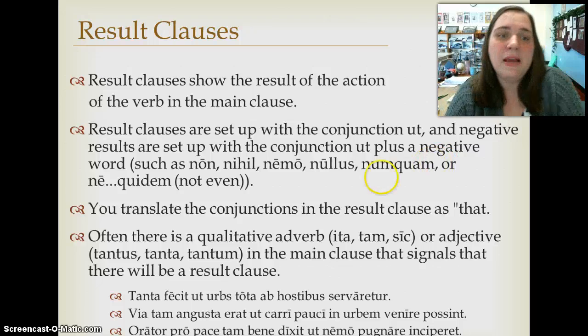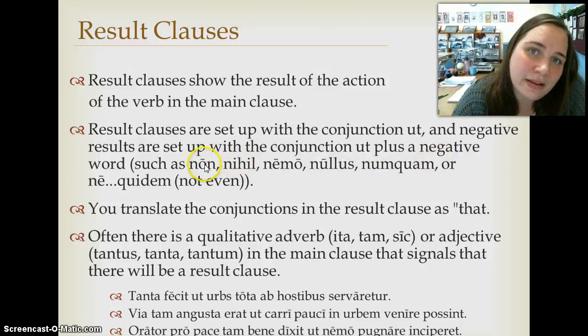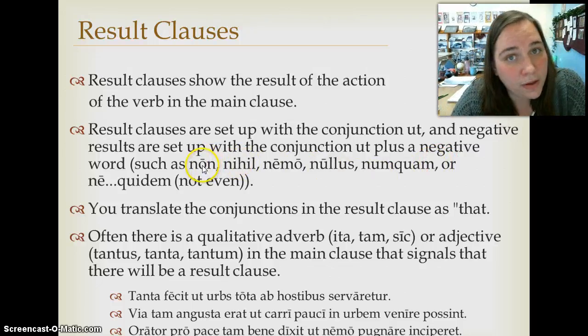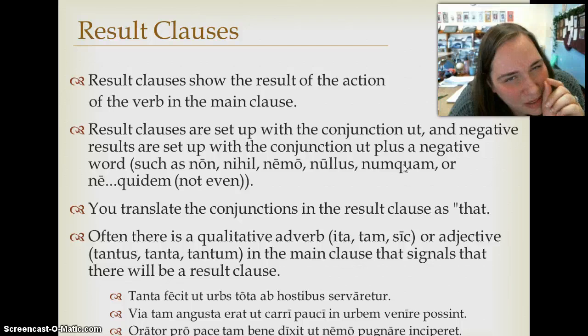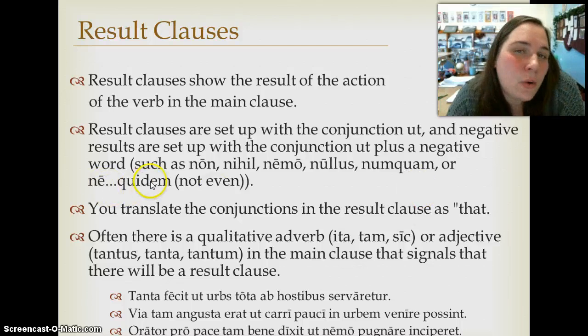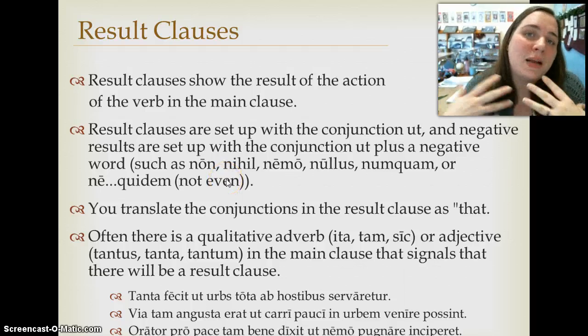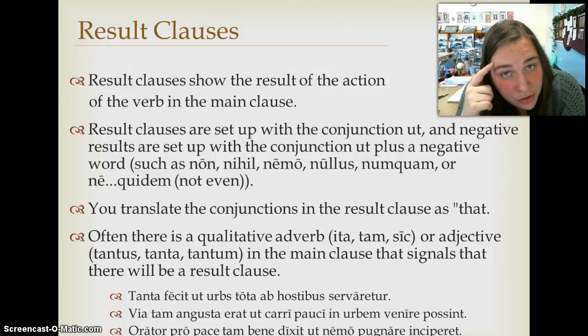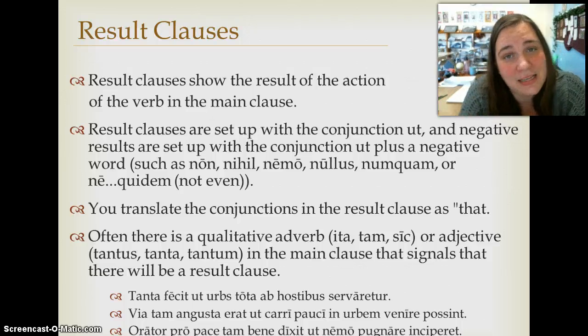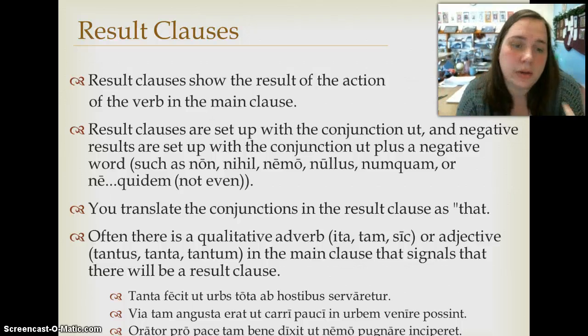So, for example, a negative word that can set up a negative result clause is non, not, nihil, nothing, nemo, no one, nullus, no, numquam, never, and, which is a little bit tricky admittedly, ne quidem, because remember that ne quidem means not even. So if you want to set up a negative purpose clause and you see ne, make sure you're looking for that ne quidem, okay, so that not even, so on and so forth.